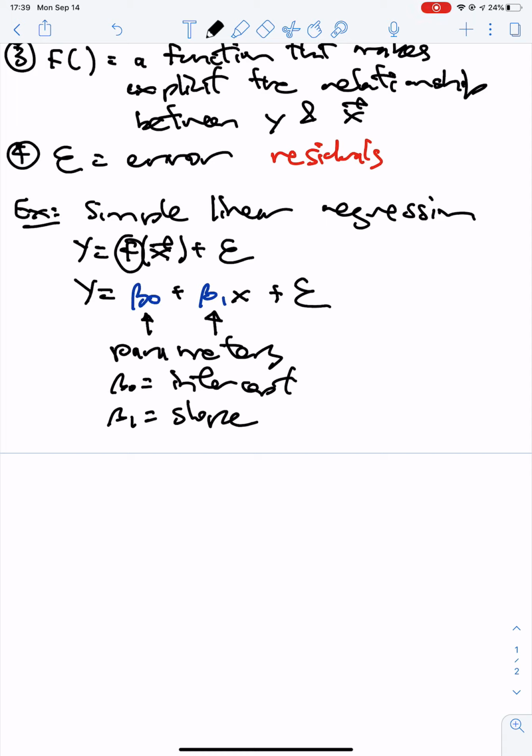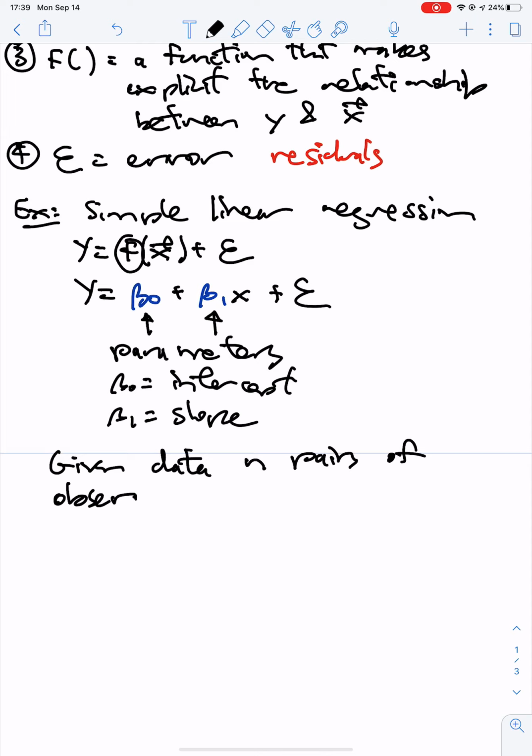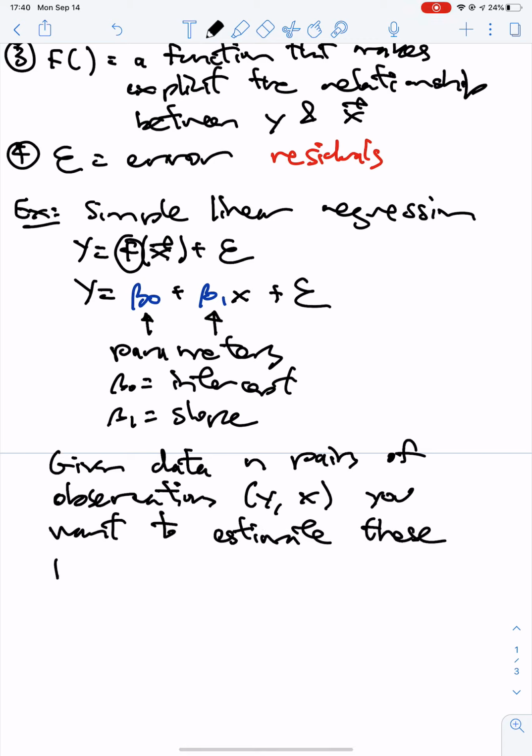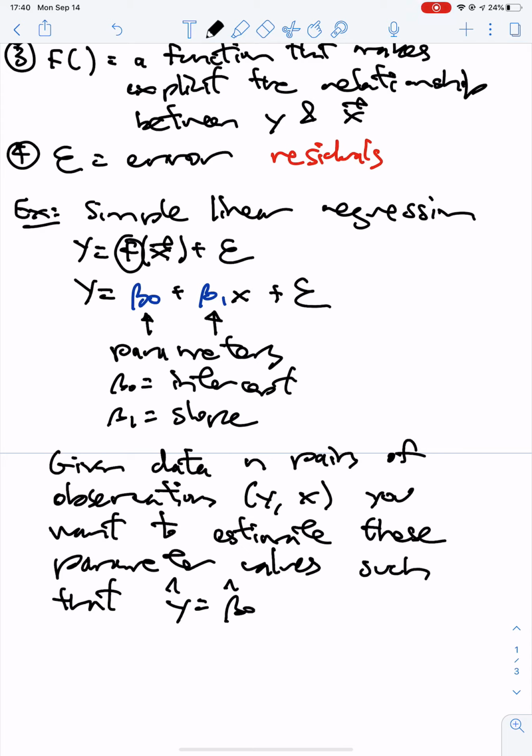All right, so the idea is given data, which are n pairs of observations, y and x, you want to estimate these parameter values such that y hat equals beta naught hat plus beta 1 hat times x.